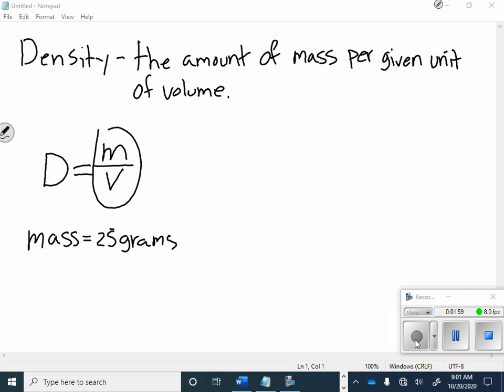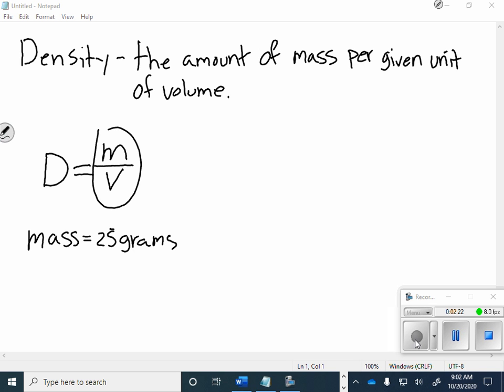Right now, if I were to read my graduated cylinder where the water level is at, it is at 37 milliliters of water. If I put my magnet in there and then look at where it's at, it went up to 38.5 milliliters of water.